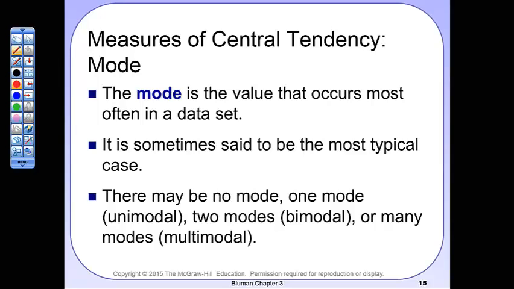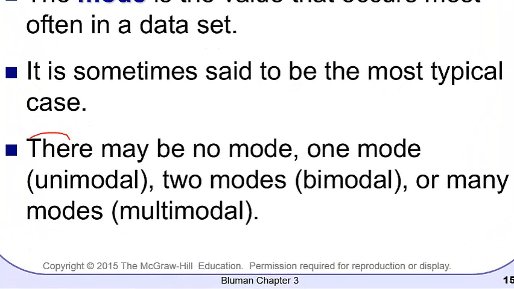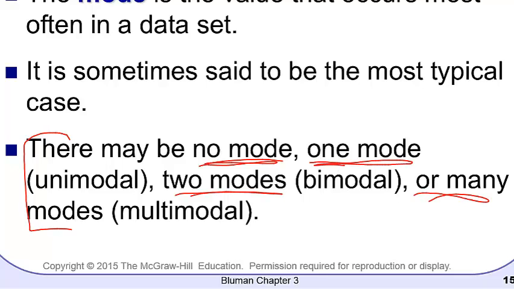The third measure of central tendency is mode. This is the data value that occurs the most often, the one that occurs more often than any others. Let me say that there are some times that there could be no mode. There can be one mode, two modes, or many modes.